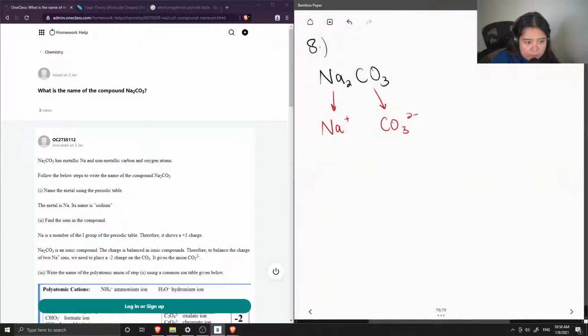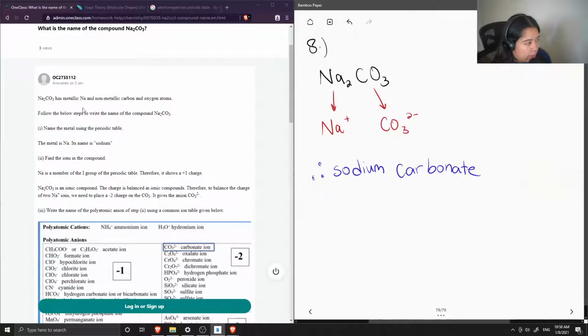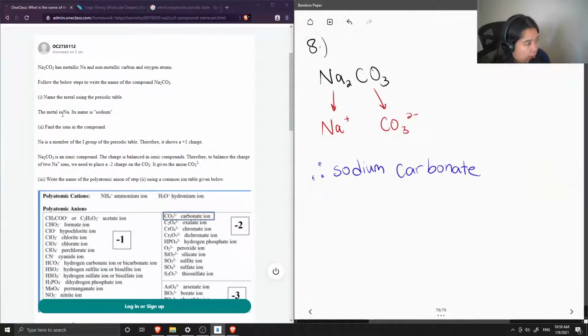So if we put the names of the ions together, we get sodium carbonate. So the junior tutor said it has metallic sodium and non-metallic carbon and oxygen atoms, which is our polyatomic ion. Name the metal, so we name the sodium.